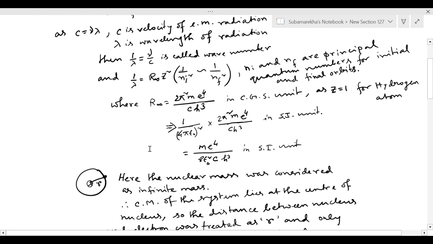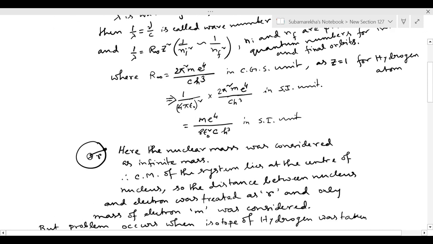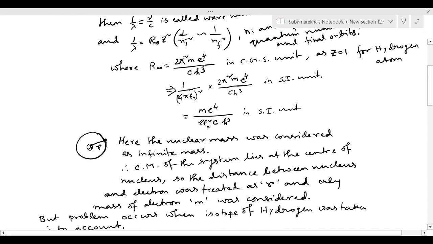And when the nuclear mass is infinite, the center of mass is located at the center of the nucleus, and the distance between the center of the nucleus and the electron was taken as r, where r is the radius of the orbit through which the electron revolves.